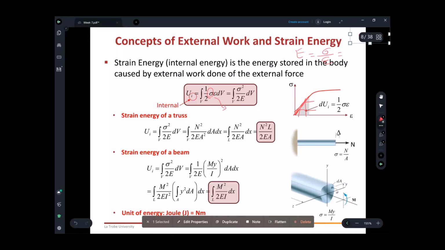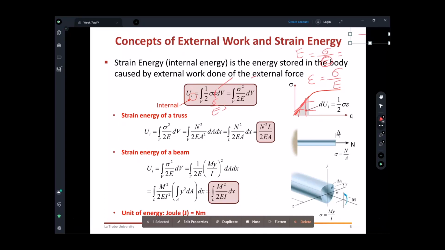If I want to make strain the subject, then it is stress over Young modulus. So if I replace this by stress over Young modulus, you get 1/2 stress squared over 2EA. So I'm just changing this to stress over E, right?